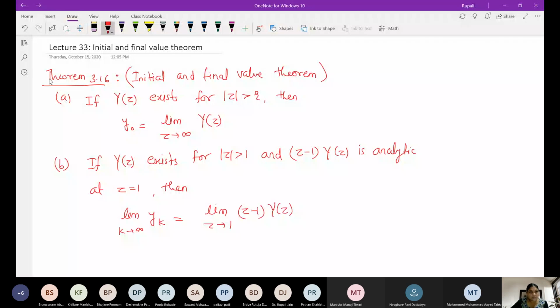Okay, so for this we will skip the proof, not that much necessary. We have to use this theorem for solving examples only.